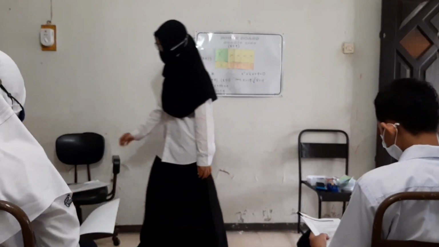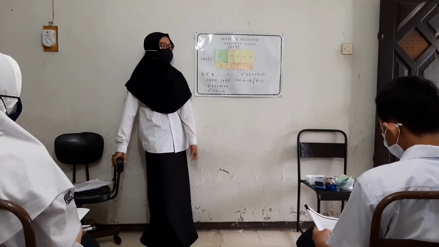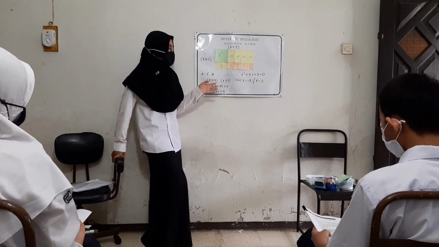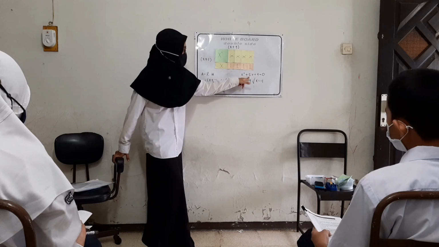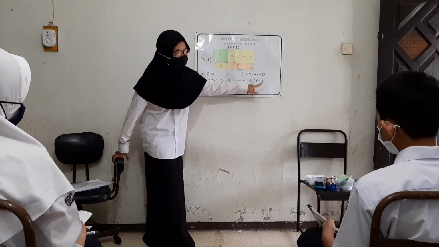Now, can you spot that the algebraic tiles are easier to understand if the value of the constant or coefficient is small?